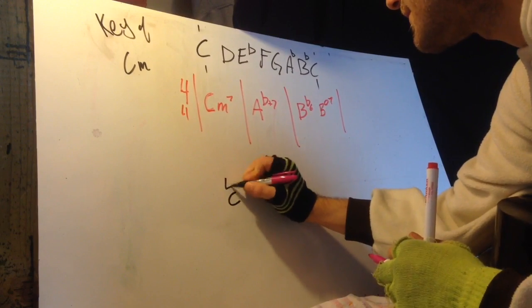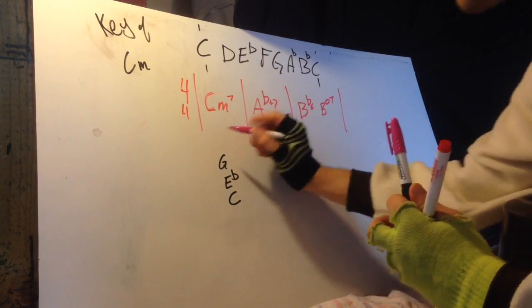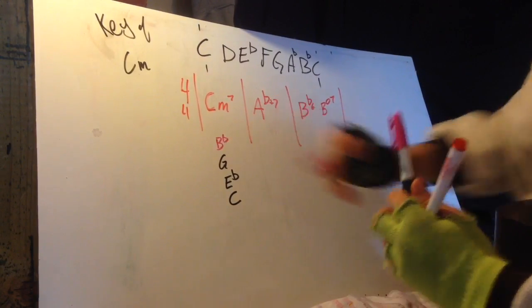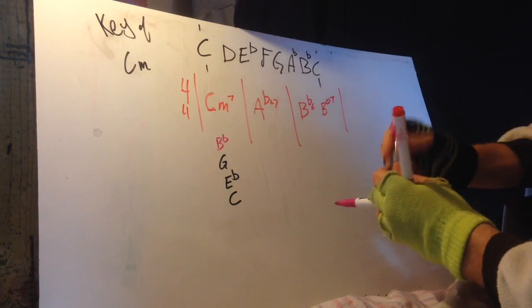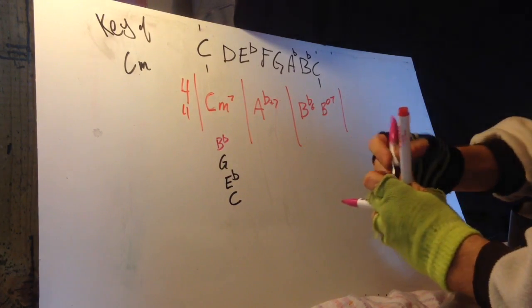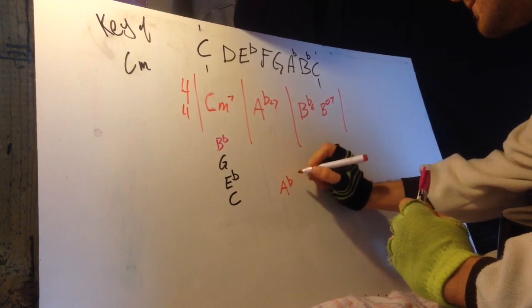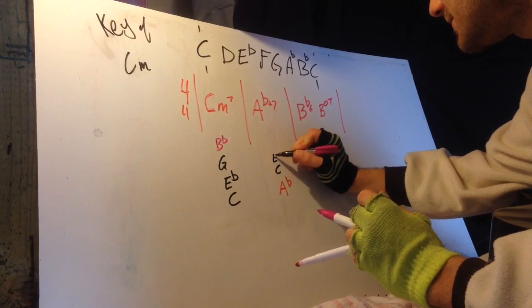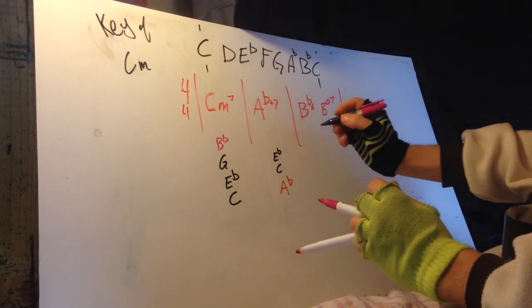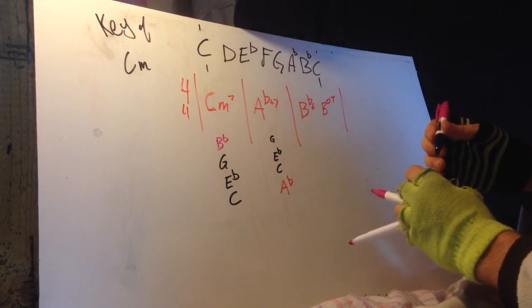So C, E flat, G, extension for U, B flat, and then it goes to A flat, C, E flat, and then there's the G for the extension.